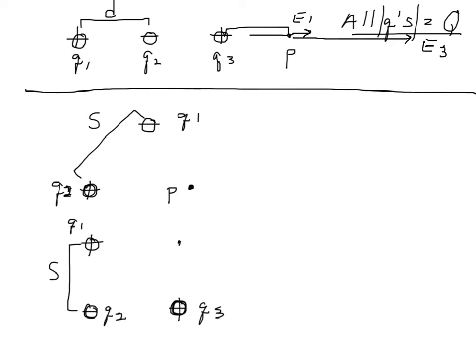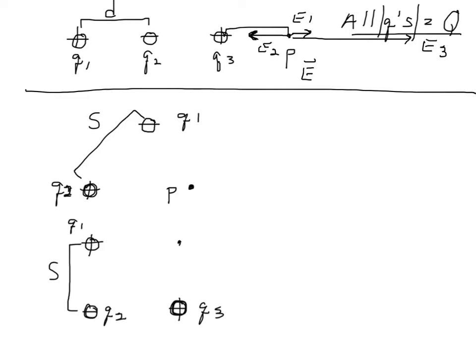These aren't exactly to scale, but that would be my E2. Now to add these, remember, there's going to be 3 vectors. The E total is going to be E1 plus E2 plus E3.